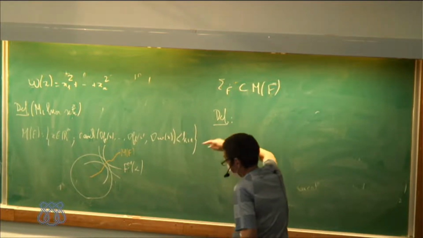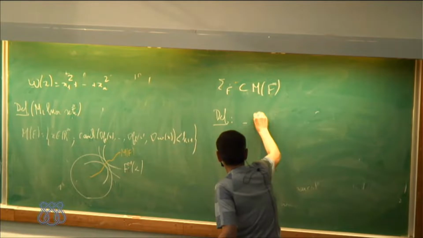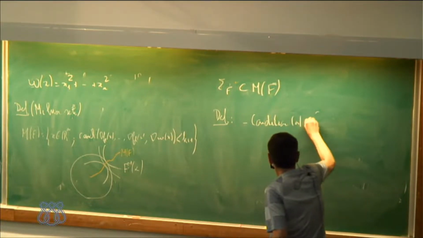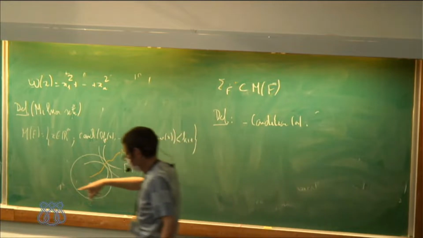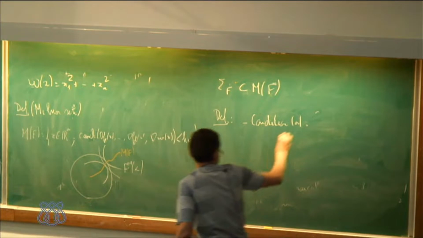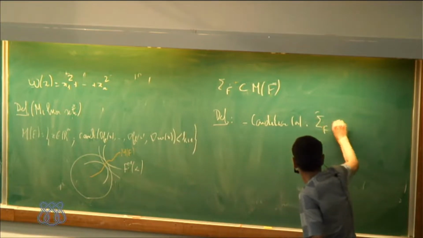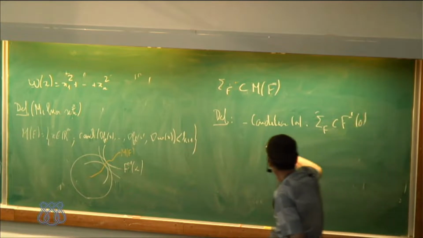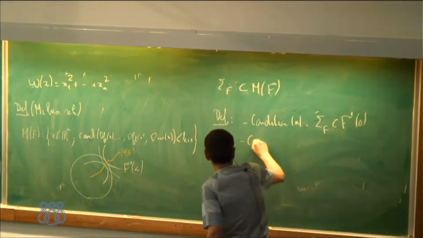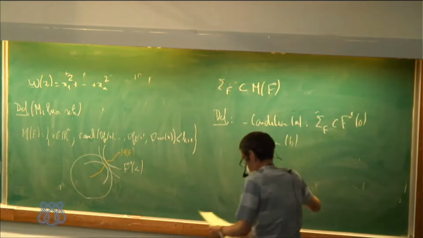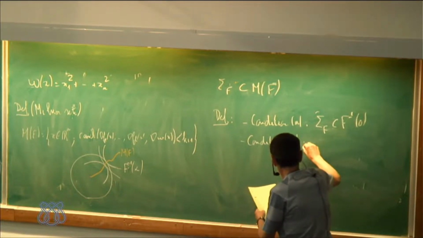He called them Milnor condition A and B. I will just call them condition A: the singular set is included in the zero level of f. And condition B.